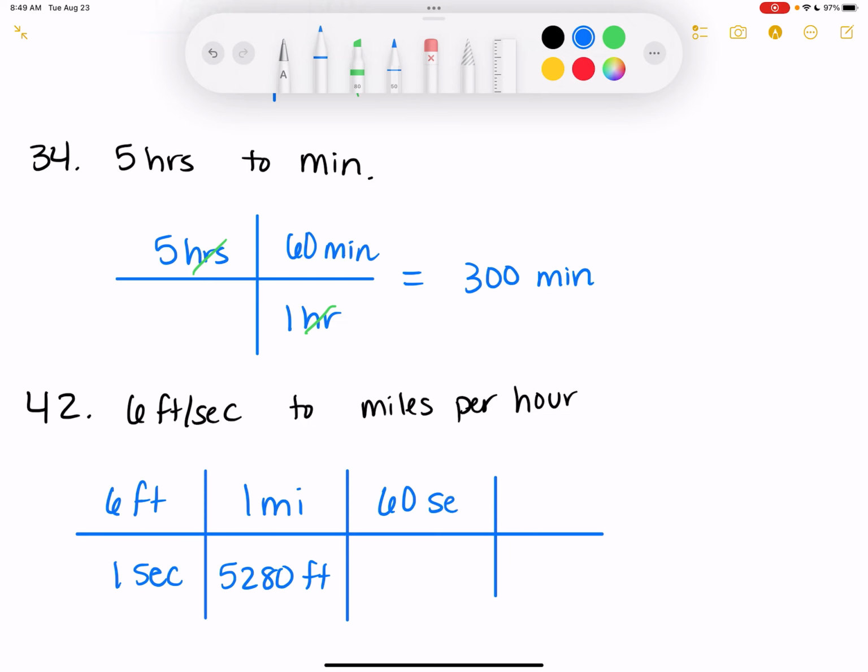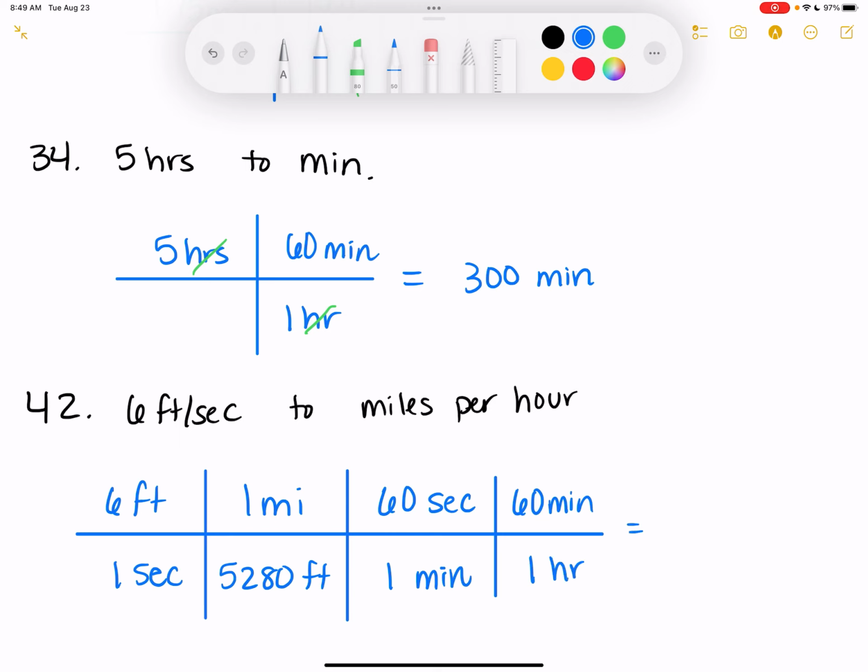So 60 seconds, and again, it's going to go on top so that my units can cancel, is in 1 minute. And then what's the last one? 60 minutes and 1 hour. 60 minutes in 1 hour.